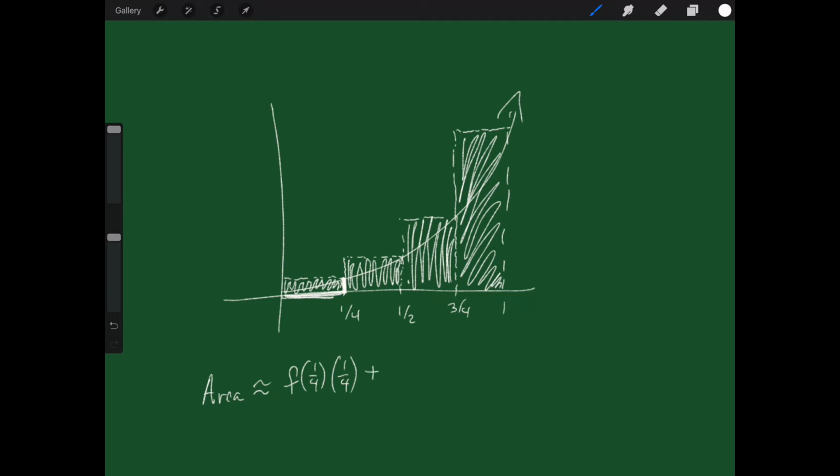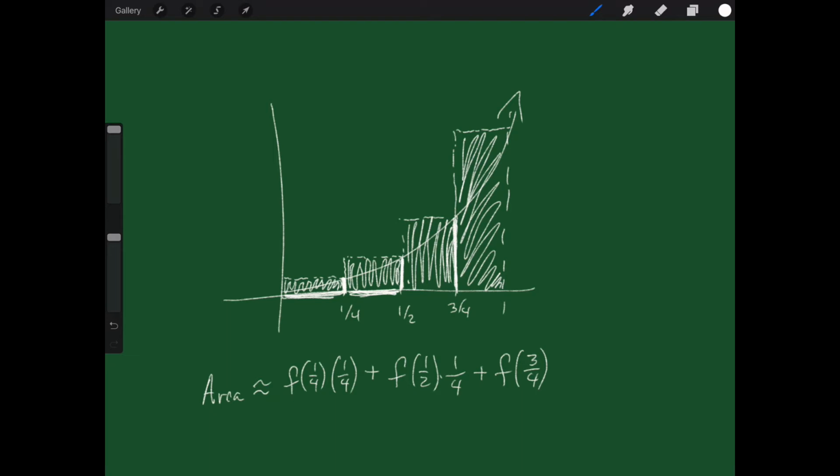And then I need to add on the second rectangle, which the height of the second rectangle is right here. That's the functional value of a half. And the width of that rectangle is right here, which is still a fourth. Plus f of 3/4, which is the height of the third rectangle.